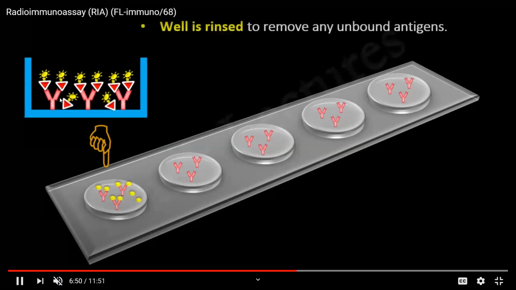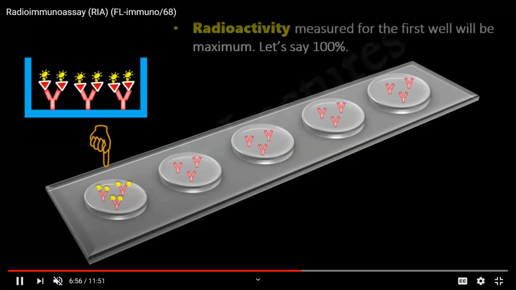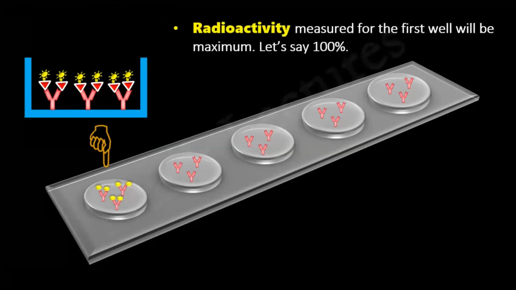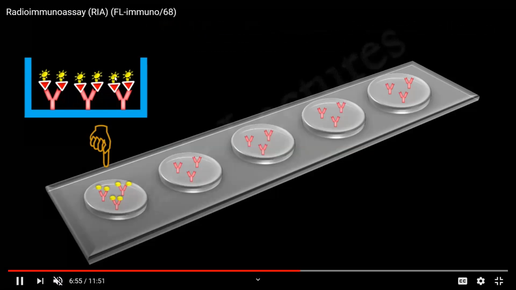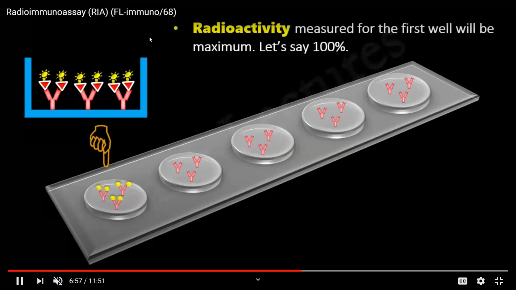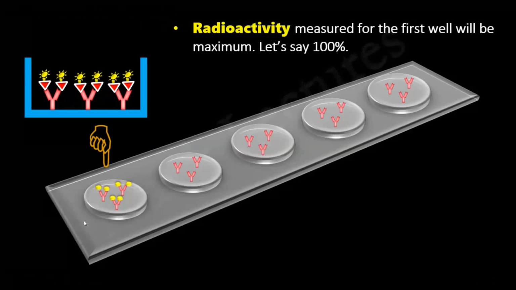You see all the antibodies have bound to these radiolabeled antigens, and then the unbound antigens are washed away. Then the radioactivity of this particular well is measured, and it is found to be 100% because all the radioisotopes are bound to the antibodies. So this is 100%.